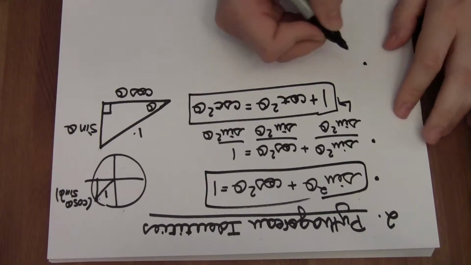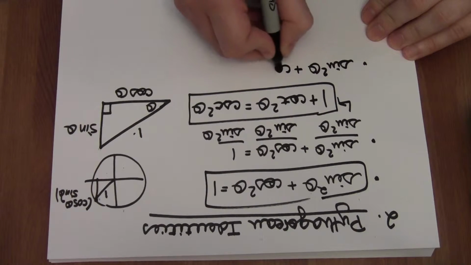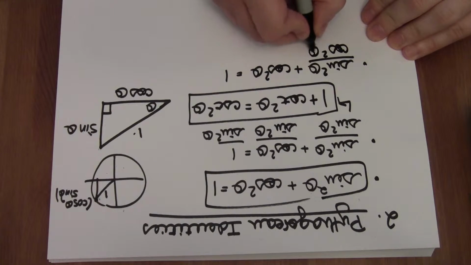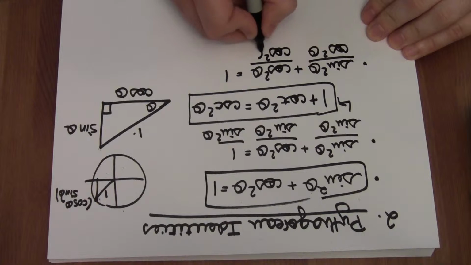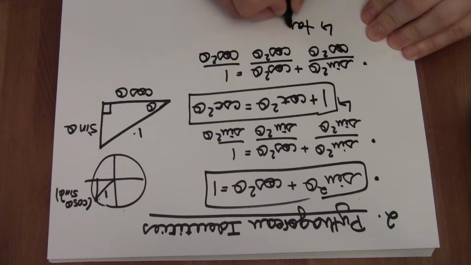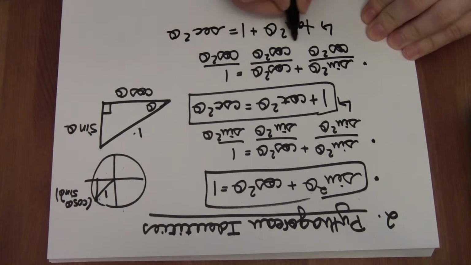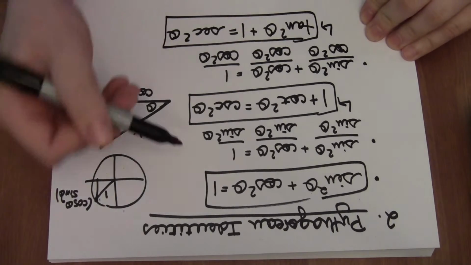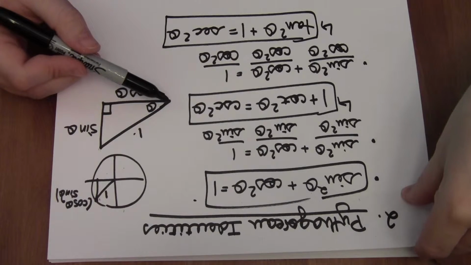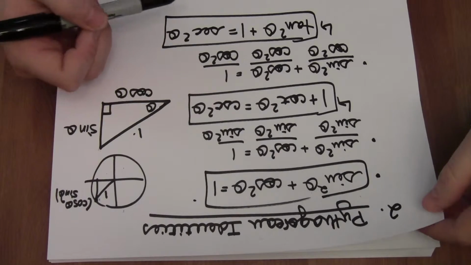I can create a third Pythagorean identity by taking my original and dividing all the terms by the cosine squared of theta. This will give me the tangent squared of theta plus 1 equals the secant squared of theta. So the three Pythagorean identities are sine squared theta plus cosine squared theta equals 1, 1 plus cotangent squared theta equals cosecant squared theta, and tangent squared theta plus 1 equals secant squared theta.